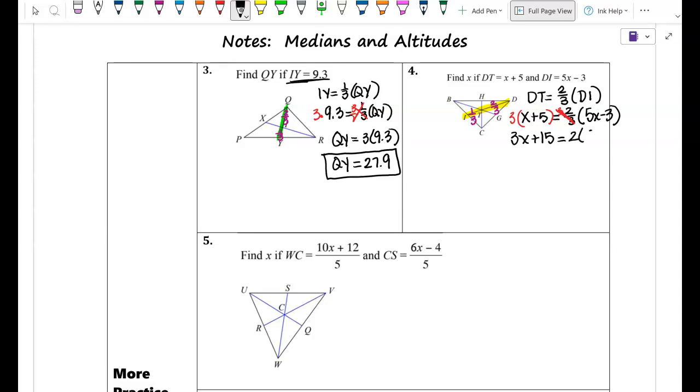So you would still have the 2 times 5x minus 3 left. And then distribute that 2 through, so we have 3x plus 15 equals 10x minus 6.